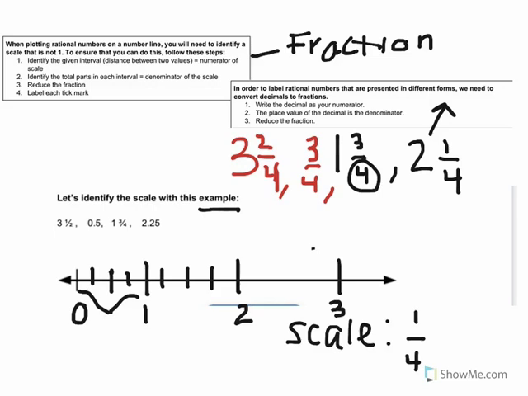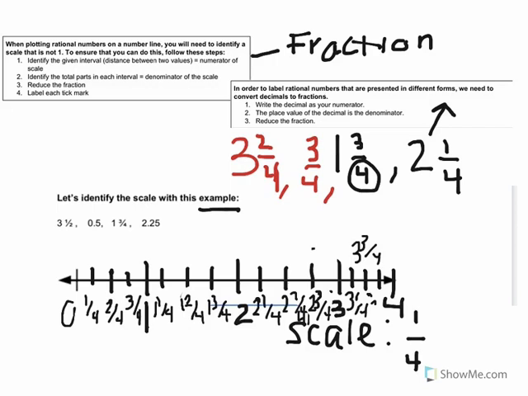Then I will have 2 and 1/4, 2 and 2/4, 2 and 3/4, and 2 and 4/4 will be my whole number 3. And then finally at the end here I'll have 3 and 1/4, 3 and 2/4, 3 and 3/4, and then finally right here I have my whole number of 4.